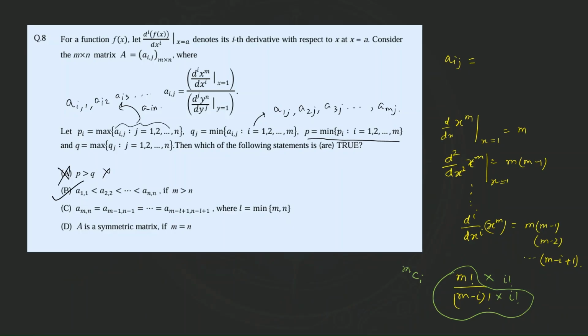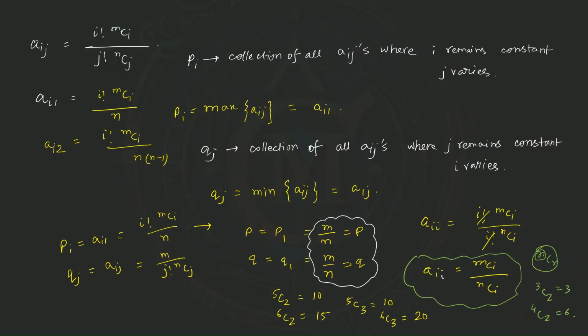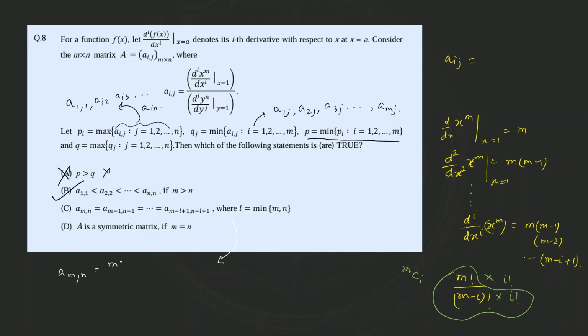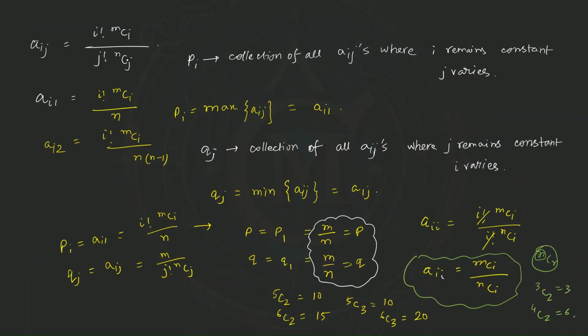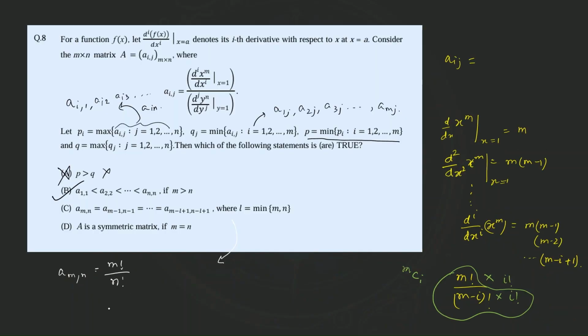And for option C, we have to compare amn and am minus 1, n minus 1. So let us compare this. We can calculate amn is equal to m factorial times mcm, divided by n factorial times ncn.